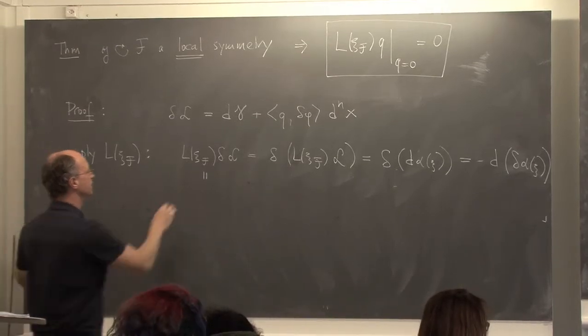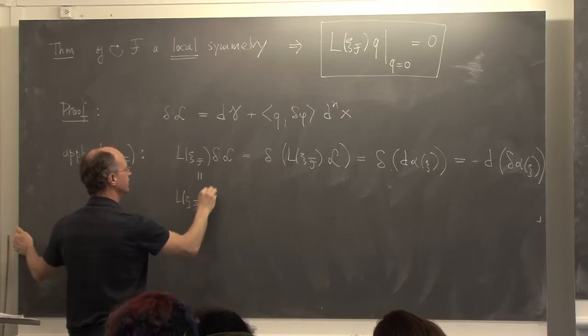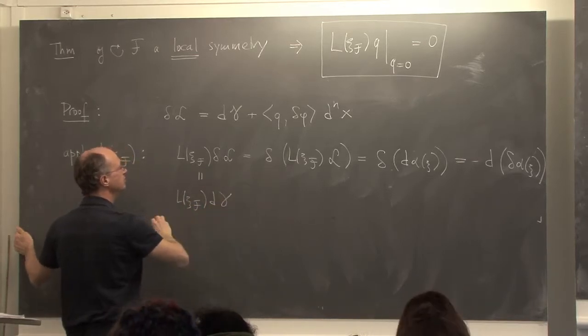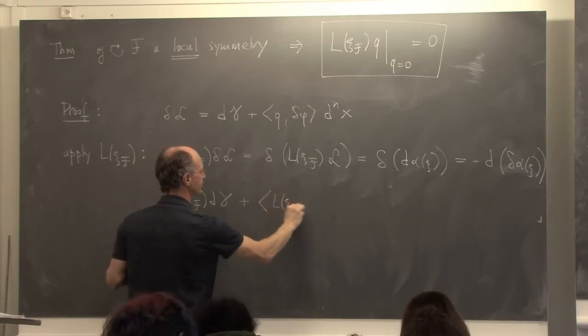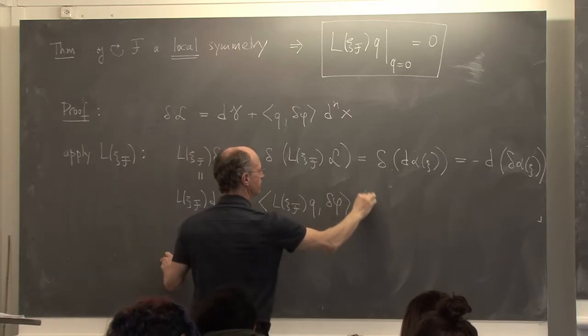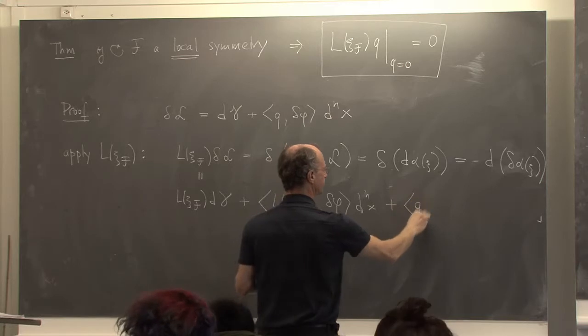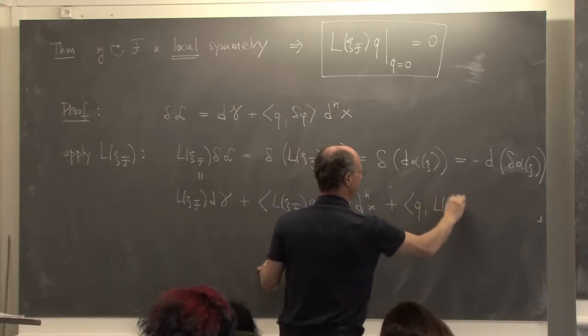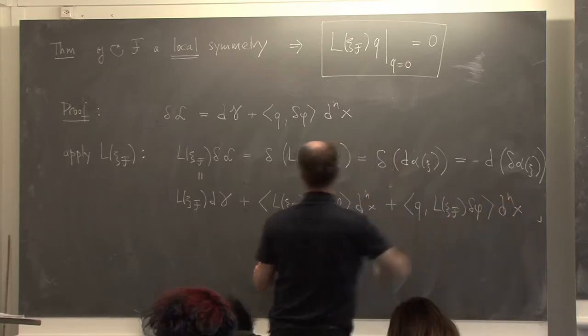On the other hand, this is L psi f d gamma plus L of psi f q delta phi dnx plus q L of psi f delta phi dnx.